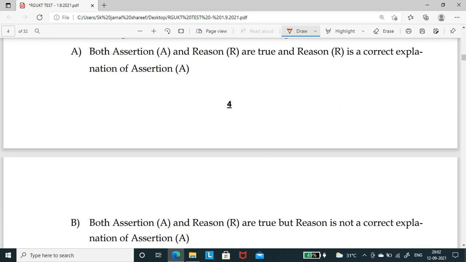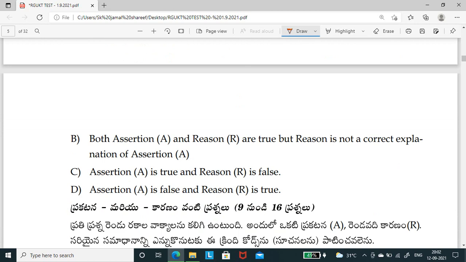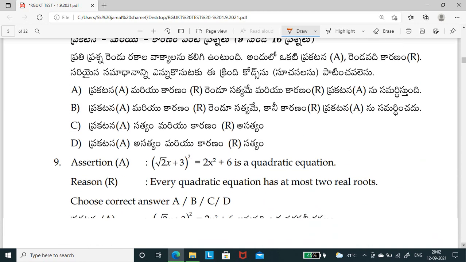So option A, both assertion and reason are true and reason is the correct explanation of assertion. Next, option B is both assertion and reason are true, but reason is not the correct explanation of assertion. Next, option C, assertion A is true, reason R is false. Next, assertion A is false and reason R is true. So you need to remember these four options carefully and you need to answer these questions.